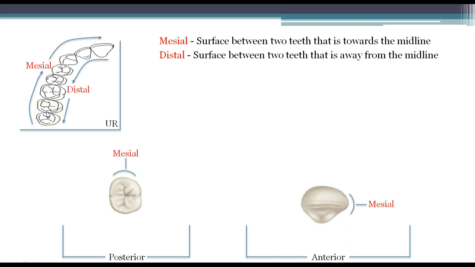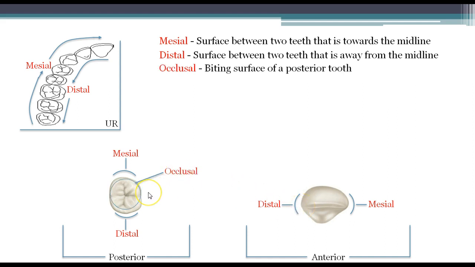So let's do a little bit of a close-up on that. So our distal surface would be on the one in the back. So we have our buccal, our lingual, our mesial in the front and our distal in the back. And for anteriors, it's going to be the same thing. It's just going to be the one going away from the midline. So you got your distal over here.